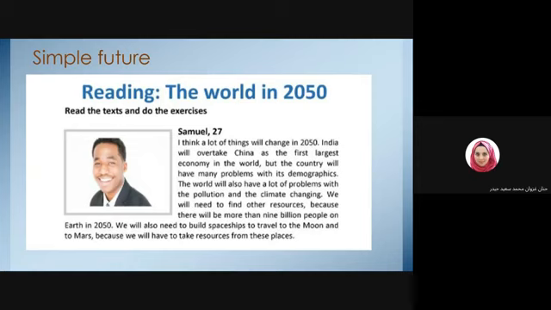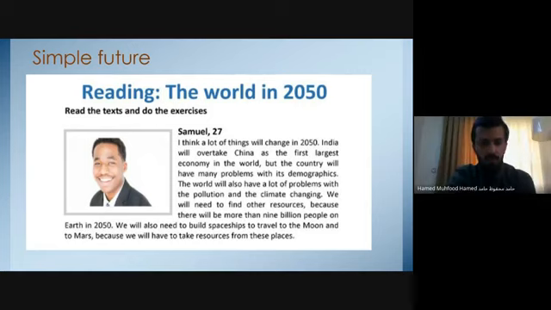We will need to find other resources because there will be more than 9 billion people on Earth in 2050. We will also need to build spaceships to travel to the Moon and to Mars, because we will have to take resources from these places. Yes, we will have to take resources from these places. Thank you, Hanan. Who else?